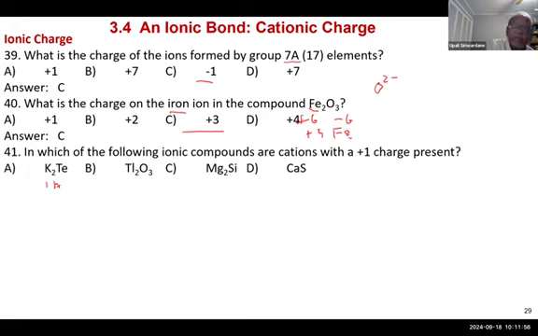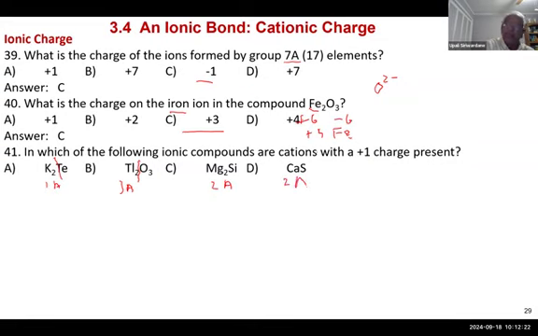Potassium is 1A. Normally, you look at the first atom in the formula. That's a cation. This one, we don't know, probably 3A. This is 2A.